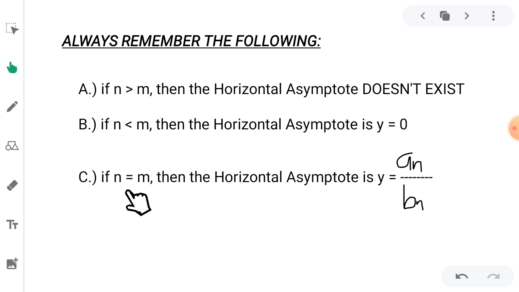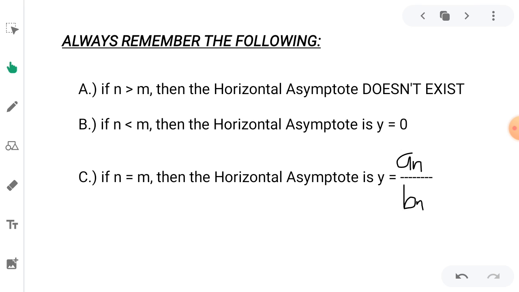Next is if n is equal to m, then the horizontal asymptote is y is equal to a sub n divided by b sub m. So kapag yung numerator exponent and the denominator exponent are equal, i-divide lang natin yung coefficients.